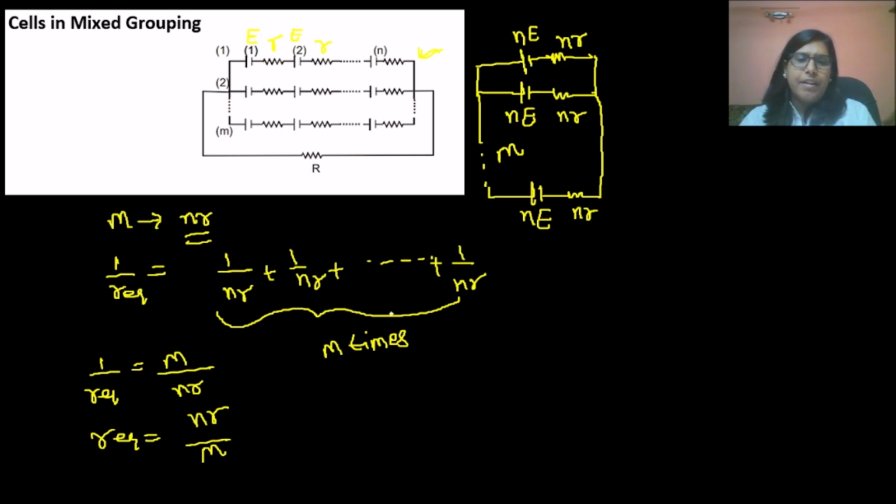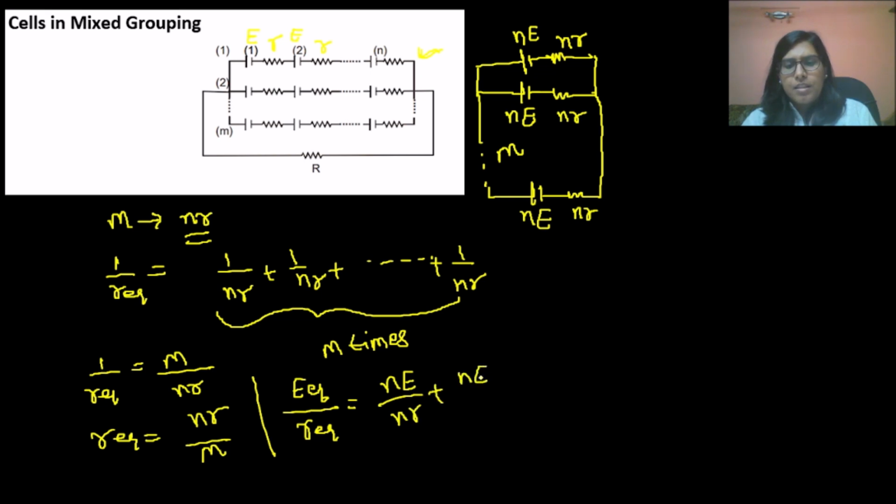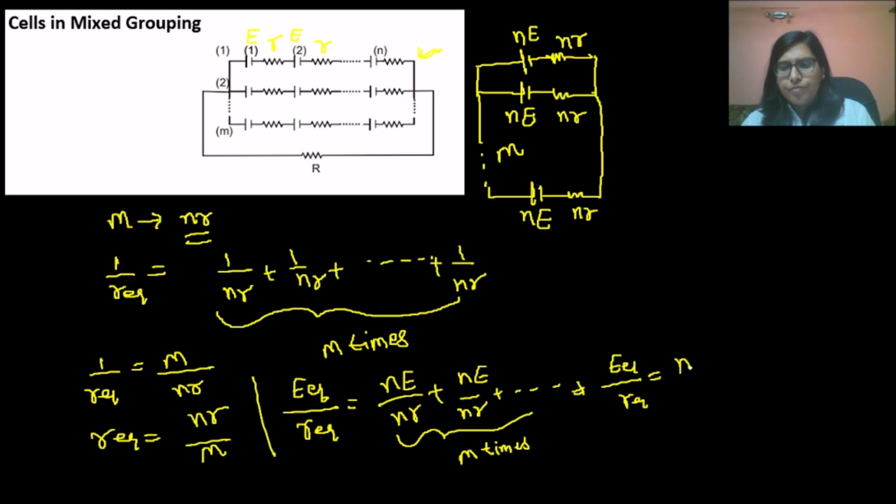Similarly, E equivalent can be written. E equivalent upon R equivalent equals E1 upon R1, that is nE upon nr, and this similar term will be written m times. So we can say E equivalent upon R equivalent equals m into E upon r.